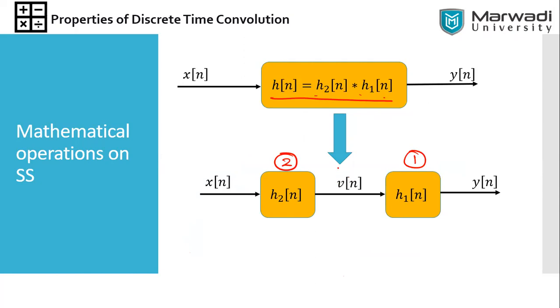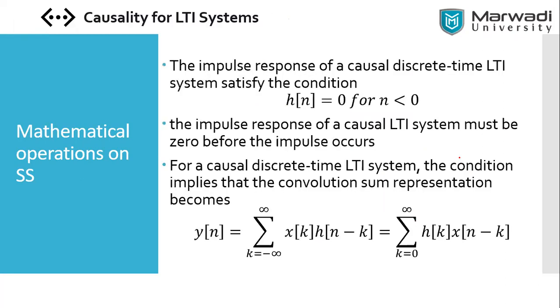Now this is the commutative property. So that means you can interchange the order. If there are two cascade connected systems, you can interchange the order. Still, the output will be the same.